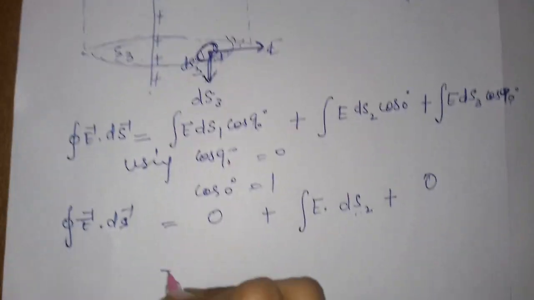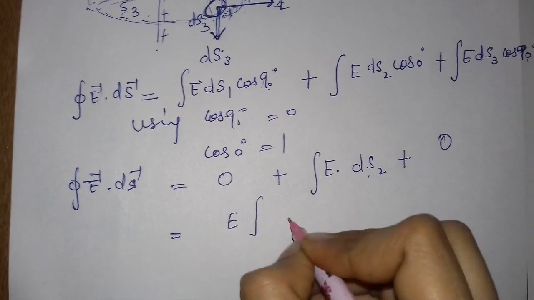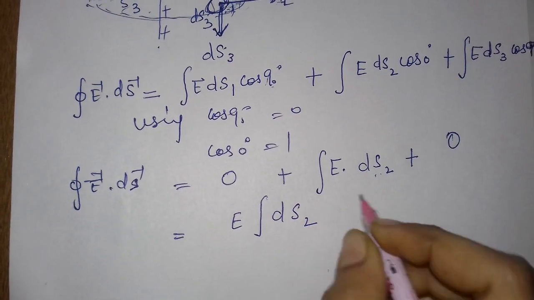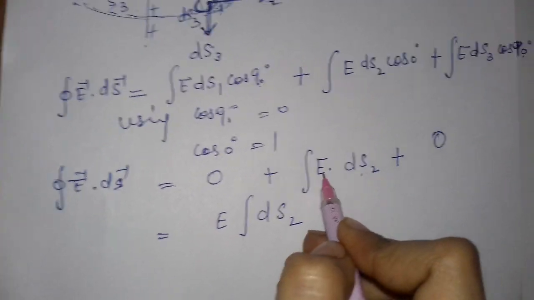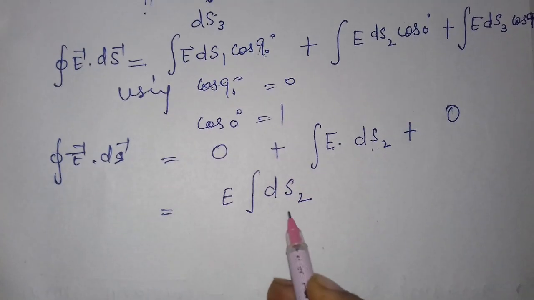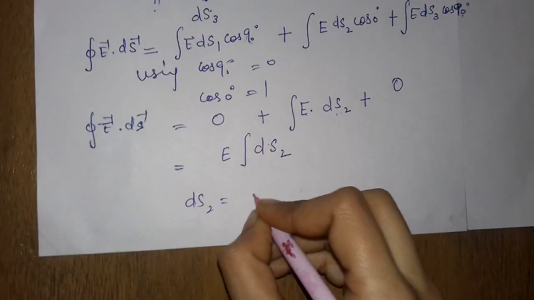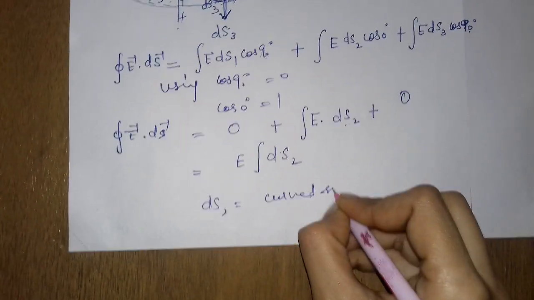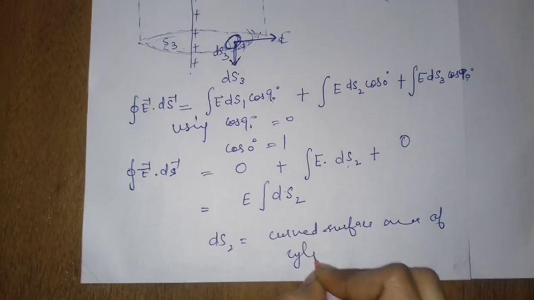So here we can take E common, this is E times the integral of ds2, because now E and ds2 are in magnitude form and E is constant here, we can take it outside. Here it is only ds2. ds2 is what? It is the curved surface area of the cylinder that we have considered as the Gaussian surface, right?